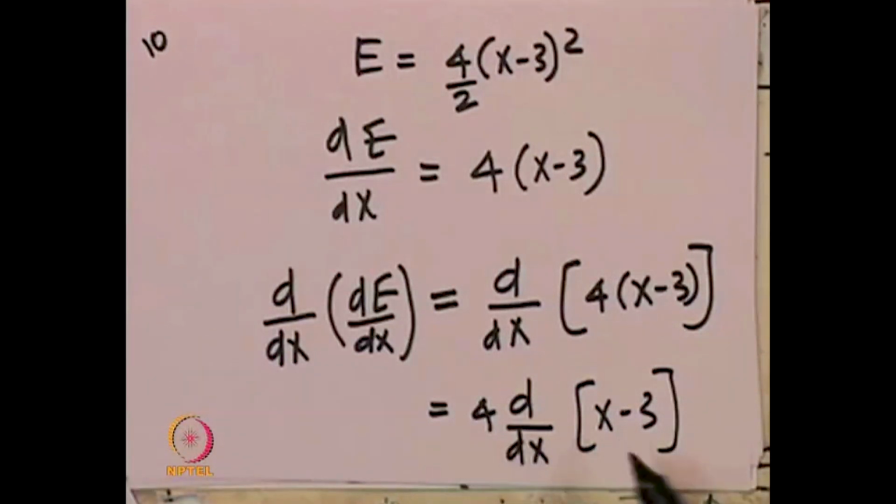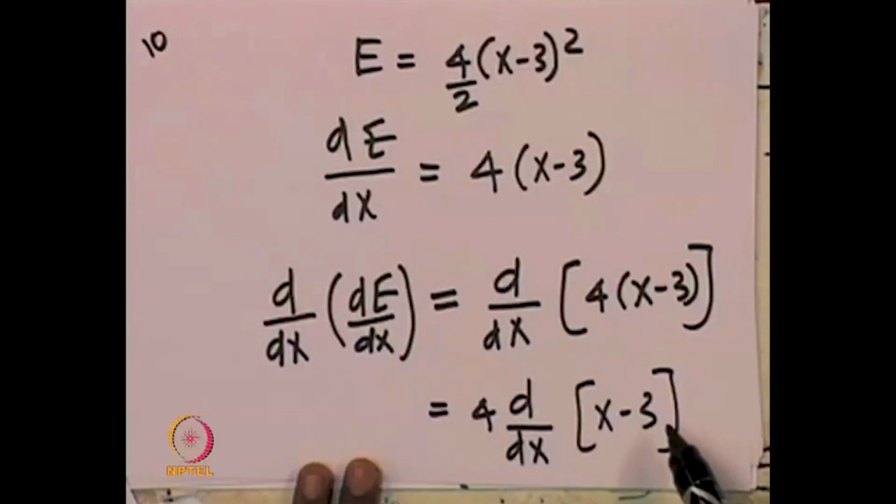By just looking at this, we can get the answer without any calculation. You know that d by dx of A plus B is dA by dx plus dB by dx. The derivative of x is 1 and the derivative of 3 is 0, because 3 is a constant. So d by dx of x minus 3 is 1.